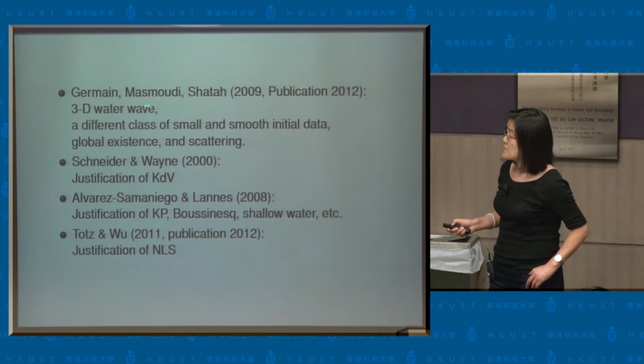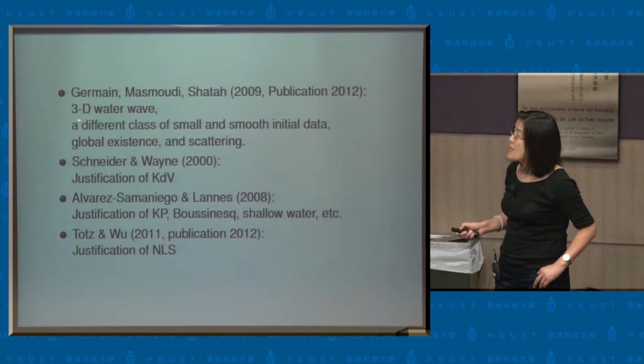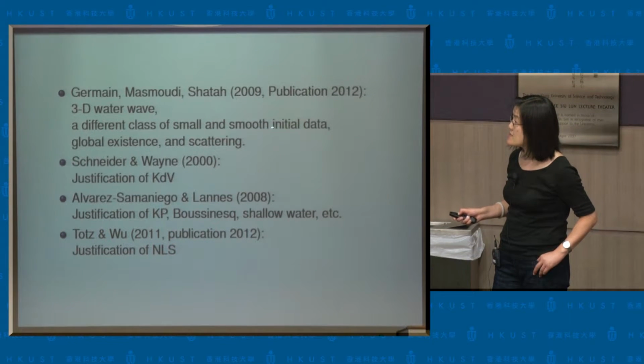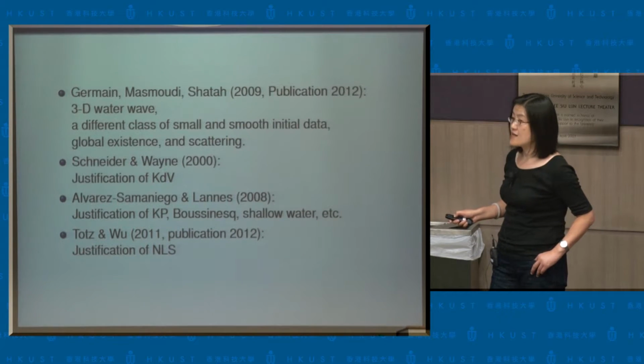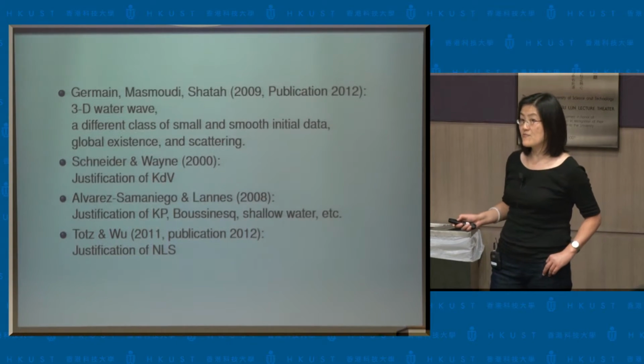So there's another work on the 3D water wave by Germain, Masmoudi, and Shatah, and they are able to show that for a different class of smooth and small initial data, the solution remains small and smooth for all time, and actually it scatters. So their idea is different in that they are saying, we want to understand whether we can solve the equation for all time.